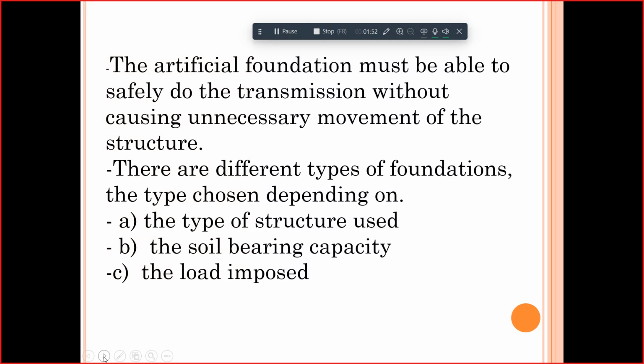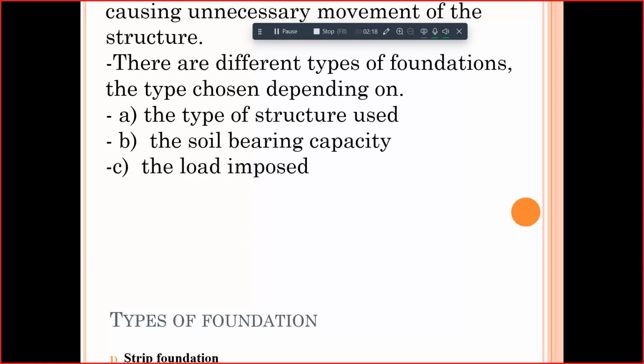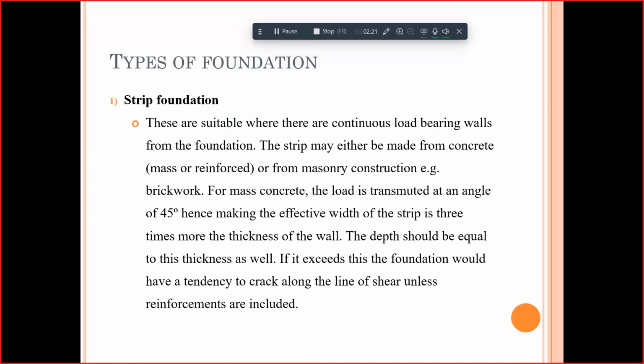There are different types of foundation. The type chosen depends on the type of structure used, the soil bearing capacity, and the load imposed. Those are factors that determine the type of foundation that you will use. For example, in a marshy area, you will choose a foundation that supports your building to avoid movement.